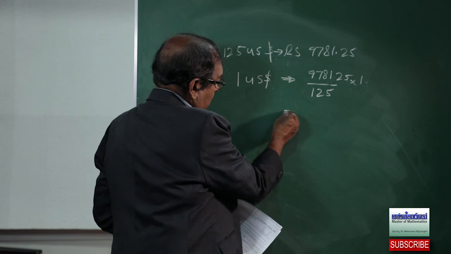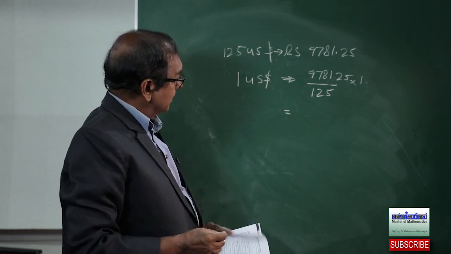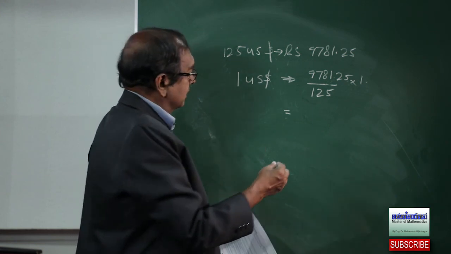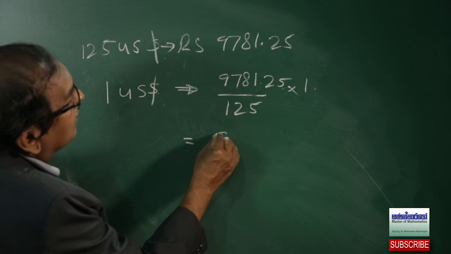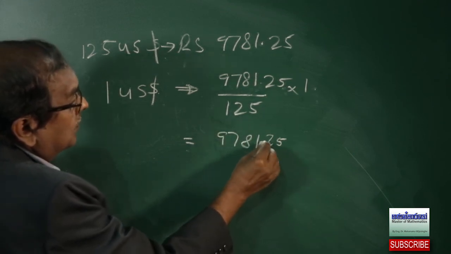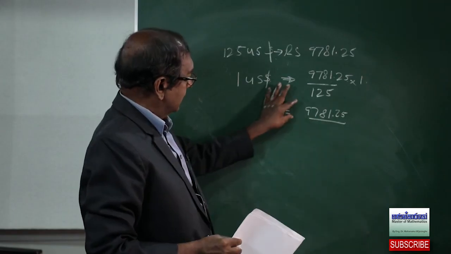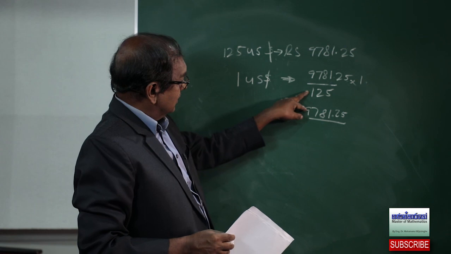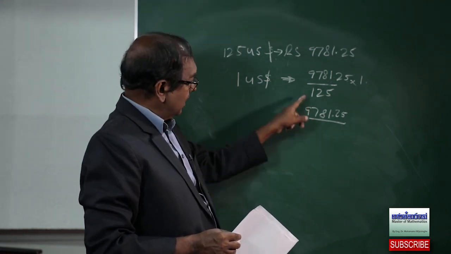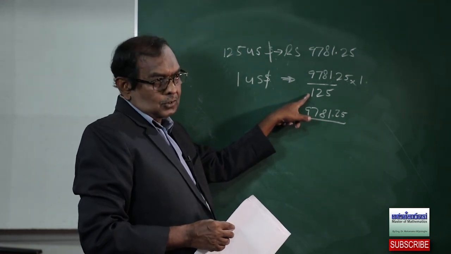Then you can get the answer by using any method. I will give you a shorter method. We are going to explain this type of shorter methods in future. You can directly get the answer by using any method, but I will give you one method. 125 is 1/8 of 1000.